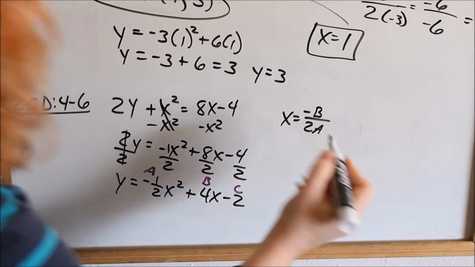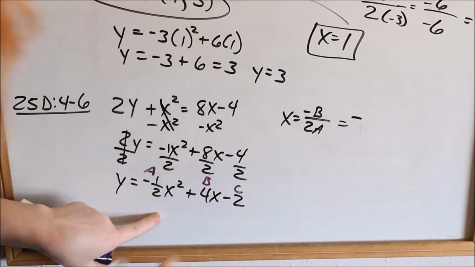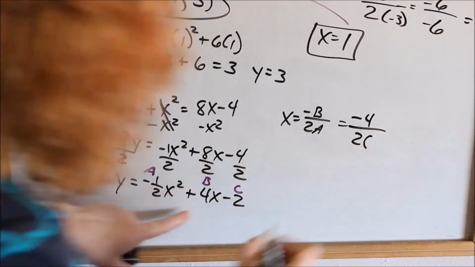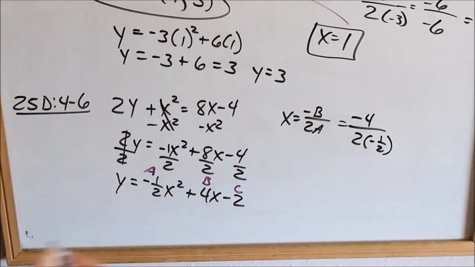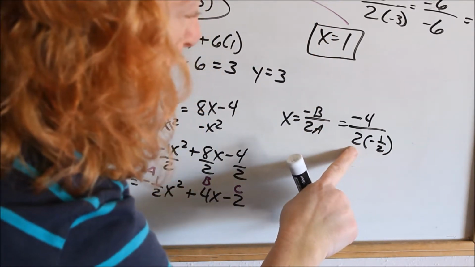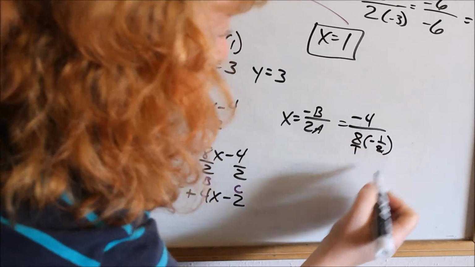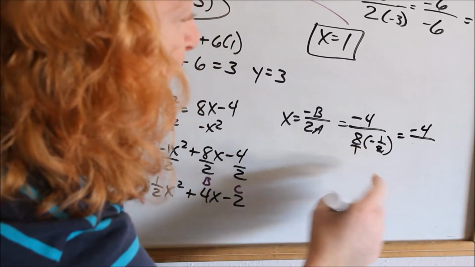So x equals negative, that's the negative sign, then b is a 4, all over 2 times a, and my a is a negative 1/2. Okay, this 2 you can make into a fraction by putting it over 1. What happens to your 2's? They cancel, and in your denominator you're left with a negative 1.